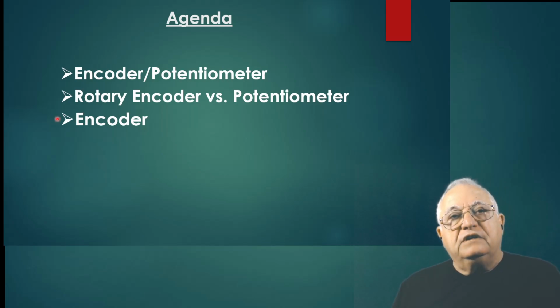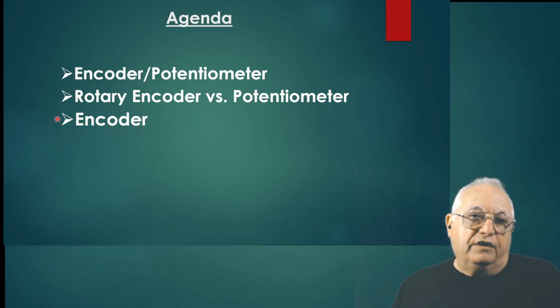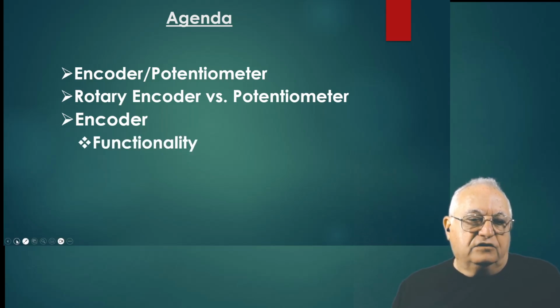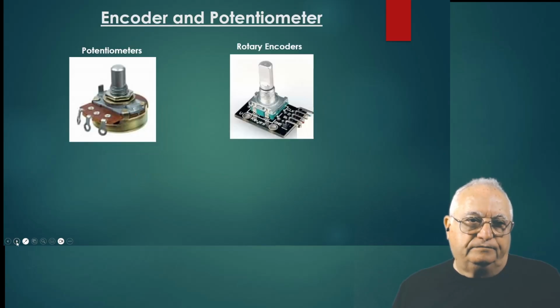And the reason is because during my presentation on analog to digital converters, I already developed the capabilities of a potentiometer. So when I start with the encoder, I'm going to talk about the functionality of the encoder, and then we'll go through a sample program.